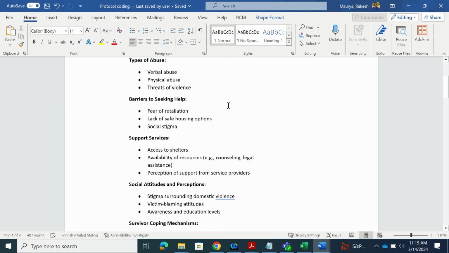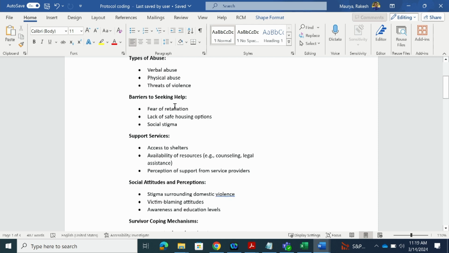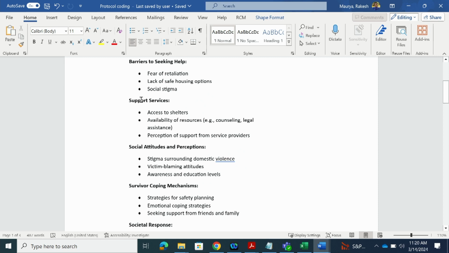And then the second code is barriers to seeking help. And you can see there are three codes: fear of retaliation, lack of safe housing options, and social stigma. And then you have support services, which is access to shelters, availability of resources such as counseling, legal assistance, perception of support from service providers.